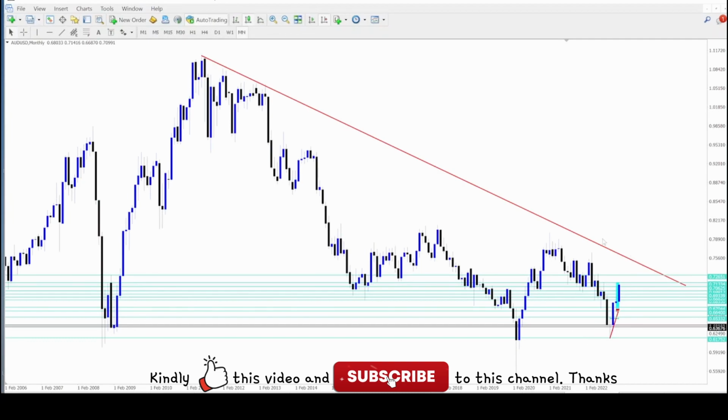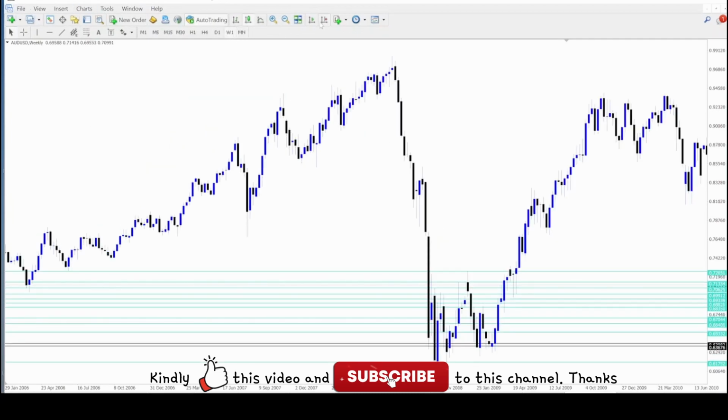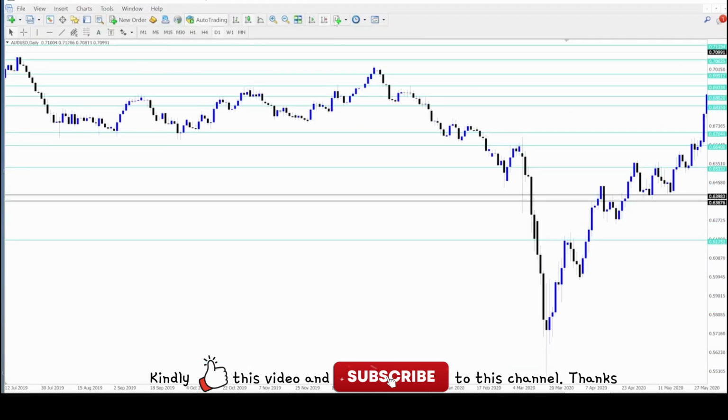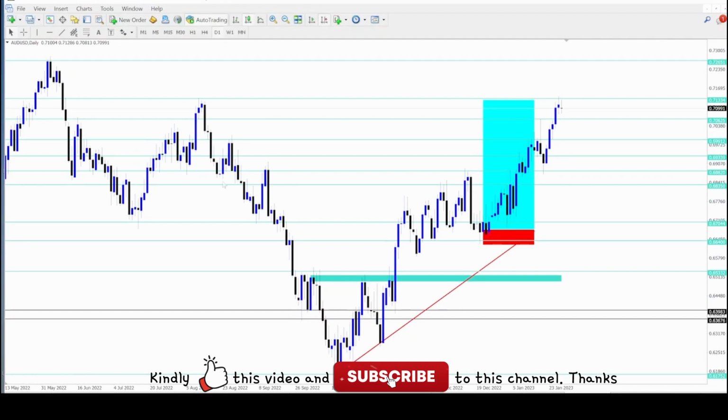Let's see. Maybe not on this pair. I also think I've noticed the strength of the Australian dollar, so it might just be different from other pairs.